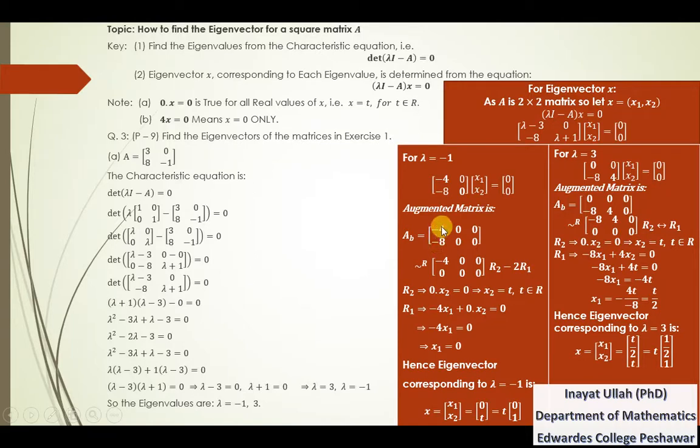We need to multiply row 1 by 2 and subtract it from row 2: row 2 minus 2 row 1. Whenever you multiply row 1 by 2, that will become minus 8, and whenever you subtract minus 8 from this minus 8, this entry will become 0.